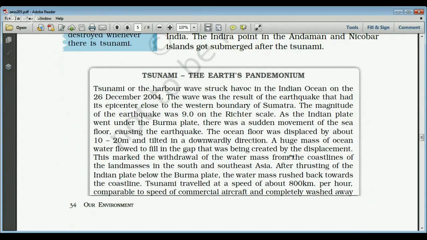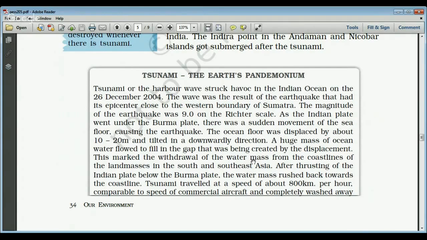Okay, because whenever the plate moves, it creates a displacement, and this marked the withdrawal of the water mass from the coastline of the land masses in South and Southeast Asia, and the regions of India's southern part, like Tamil Nadu, Andhra Pradesh, Odisha, and also Sri Lanka, the whole of Sri Lanka.